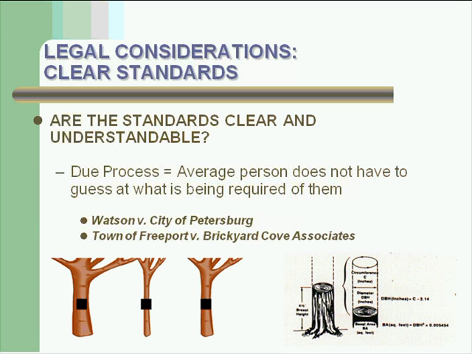Basically, the courts have interpreted the federal Constitution to require, and most states follow this principle of law, that a regulation meets this vagueness claim or procedural due process if a couple things happen. Number one, the regulations are sufficiently clear and understandable that an average person is put on notice of what's required of them, and doesn't have to guess.